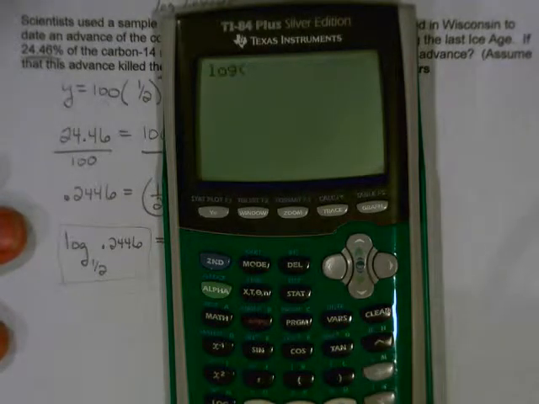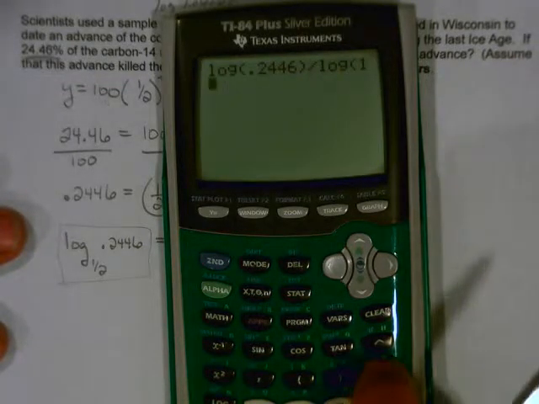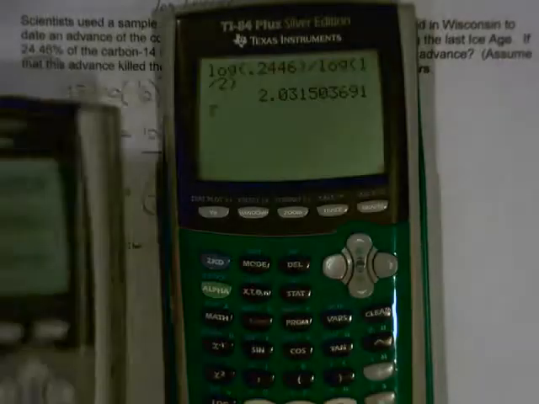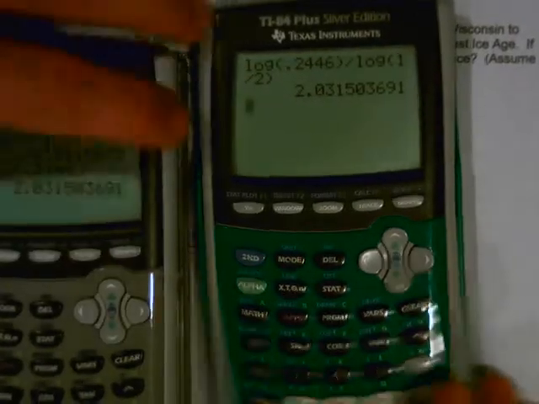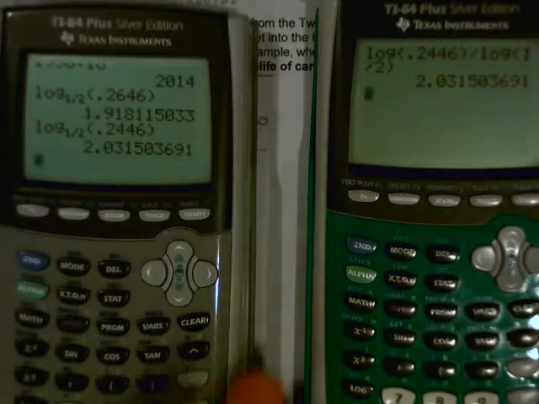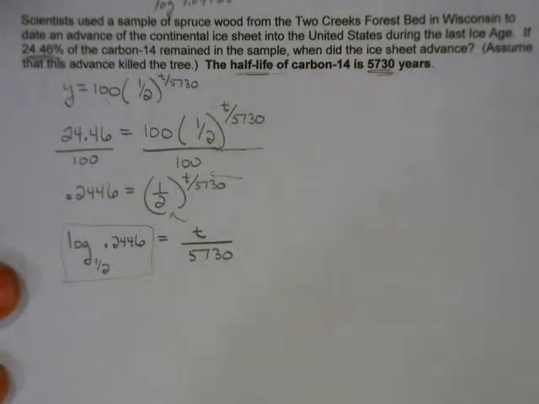So this would be log of 0.2446, close our parentheses, divided by log of 1/2, close your parenthesis. And notice if you compare the calculators side by side, we do get that same number. So you have to know how to use your technology.